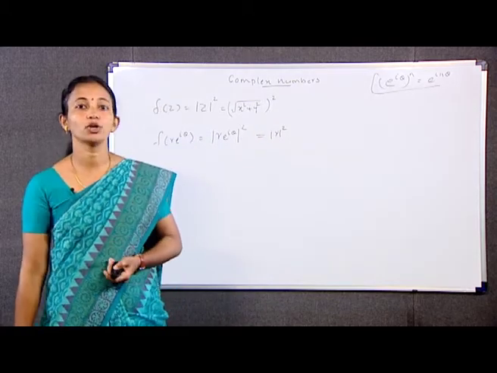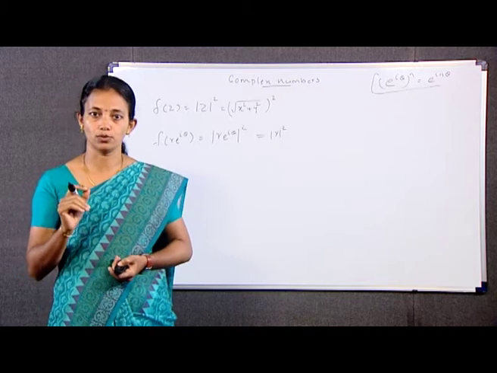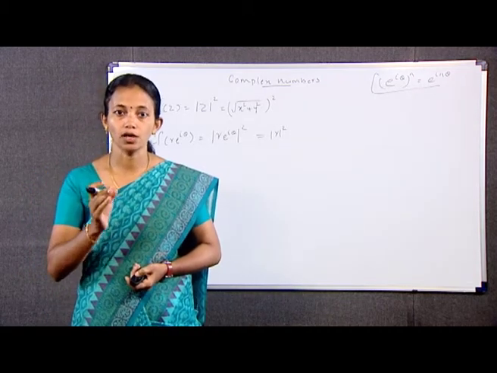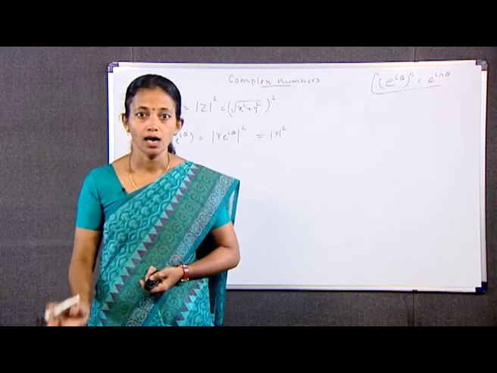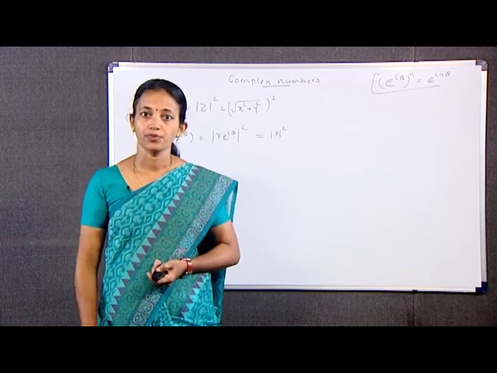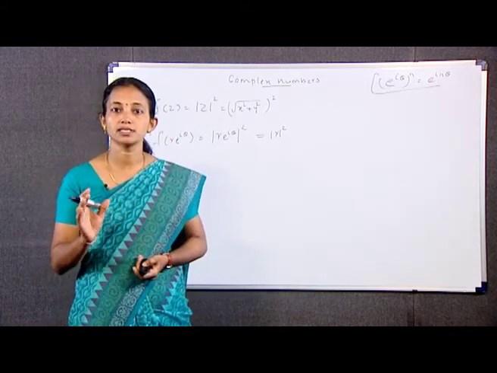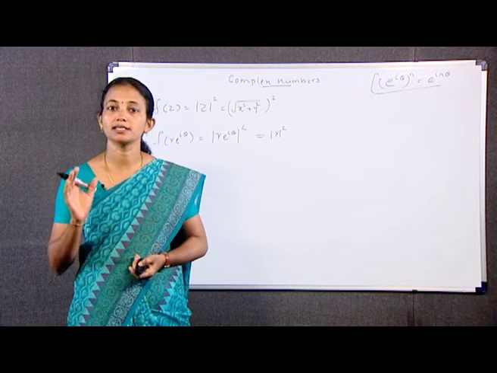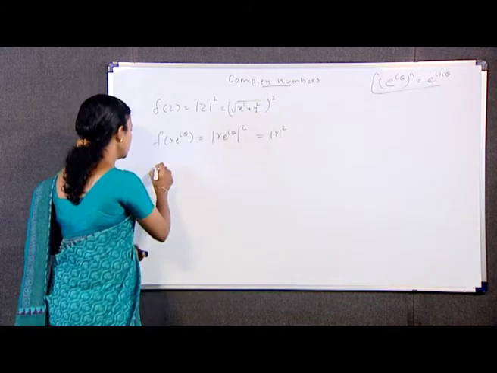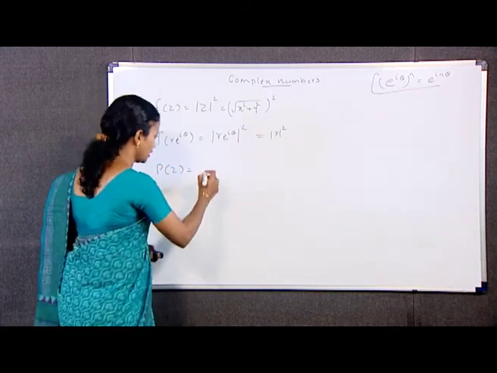Next we have polynomial function. If n is 0 or a positive integer, and if a0, a1, etc., an are complex constants where an is not equal to 0, the function p(z) is equal to a0 plus a1 z plus a2 z square, etc., plus an z raised to n is a polynomial of degree n, that we all know.